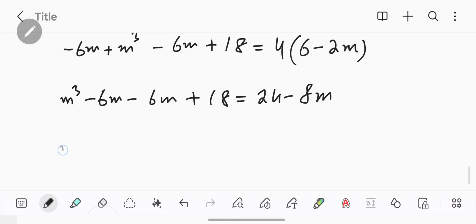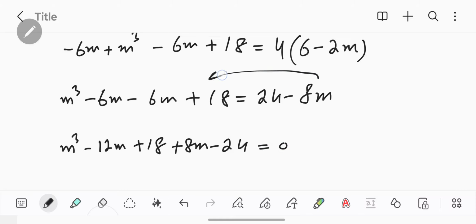Then I have m cube minus 12m plus 18, and I will shift this thing here and this thing here. It will be plus 8m minus 24 equals 0.